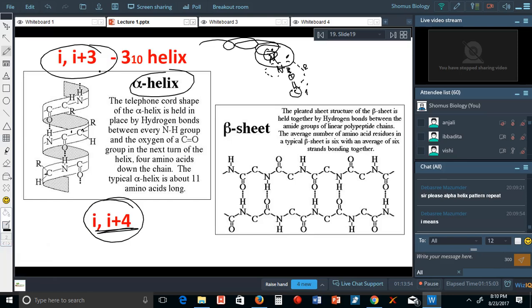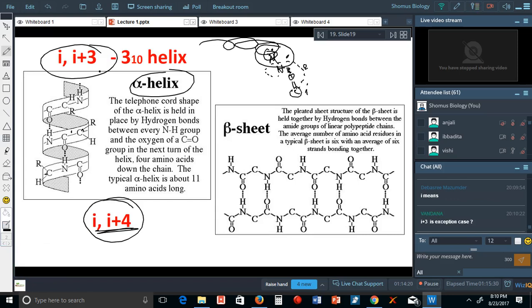I means nothing special here. I means the start, the initial amino acid to begin with, and then continue with the others. You can also say X, Y, Z, whatever it is. Plus 3 means after the third, plus 4 after the fourth, like that. So it's very closely linked.